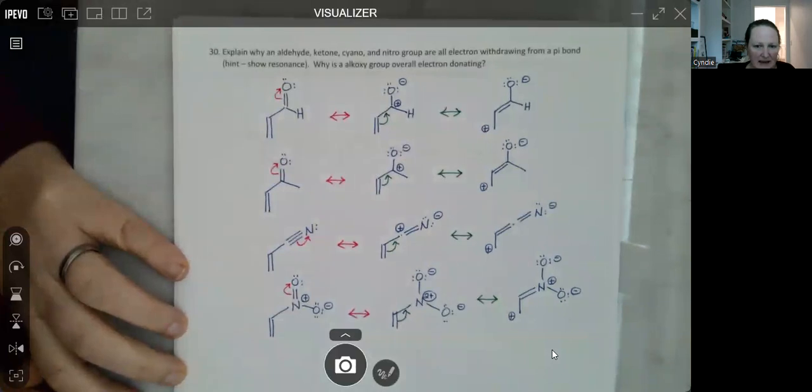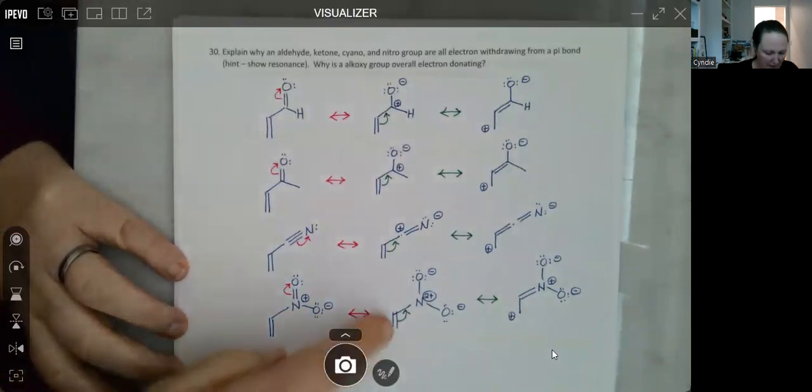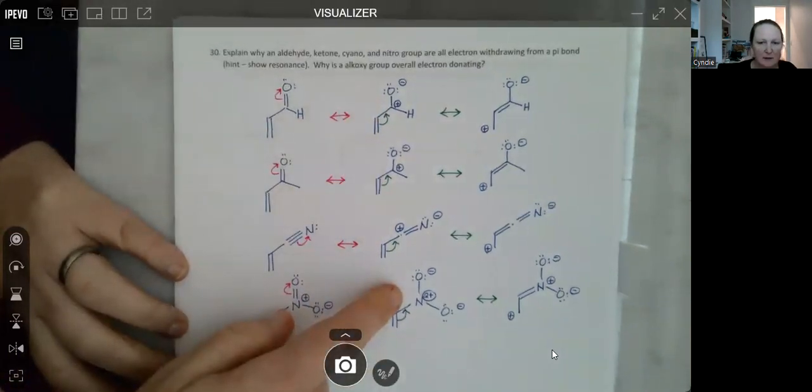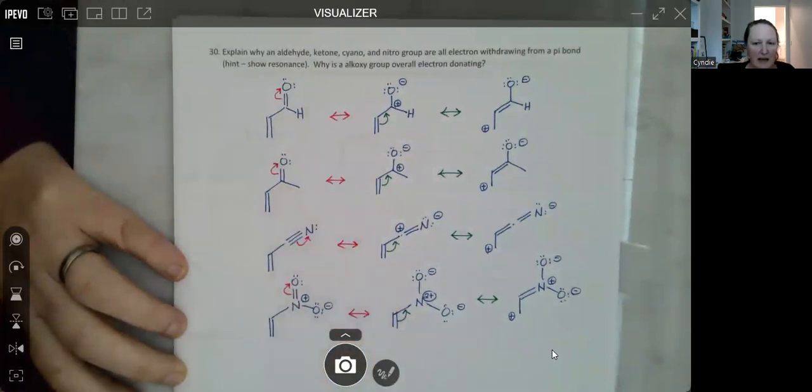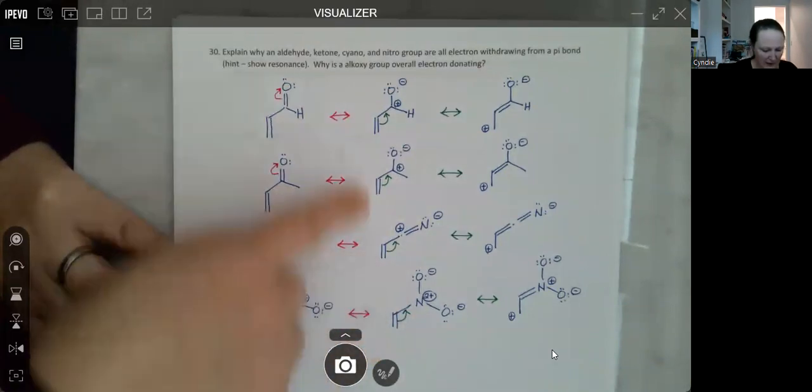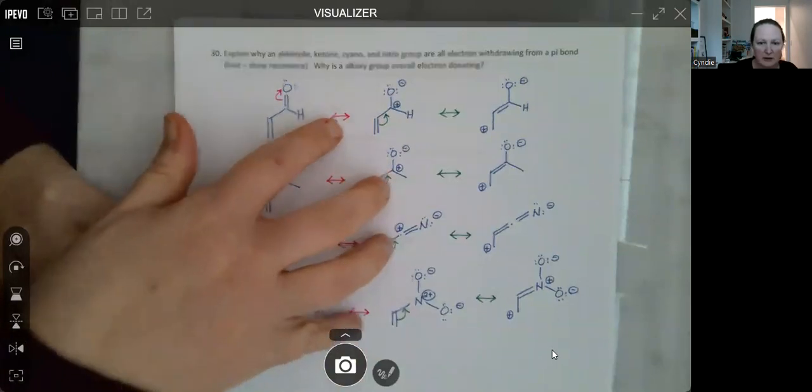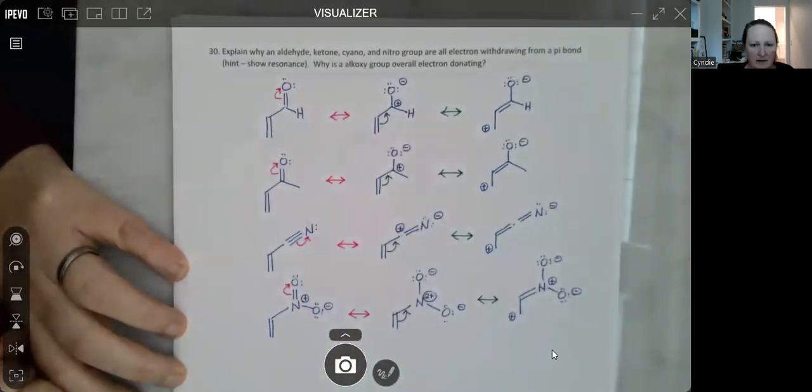So what we see is that overall, we are actually removing electron density from the ring in terms of the pi system, right? Because you can see all of these green arrows are moving electrons out of the pi bond, right? So these are all considered electron withdrawing groups, right?